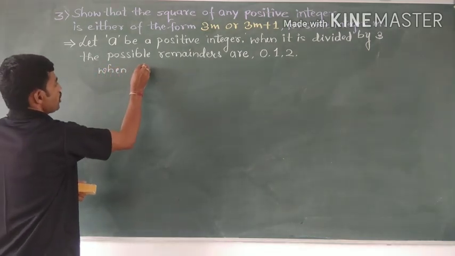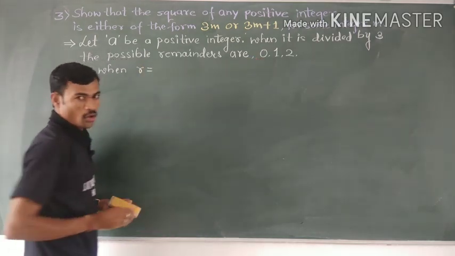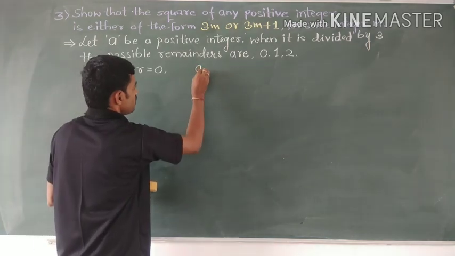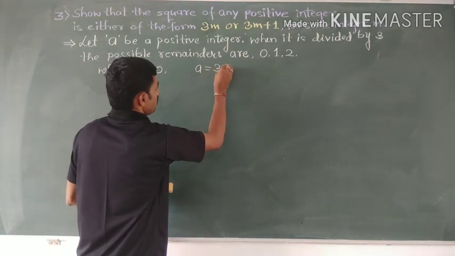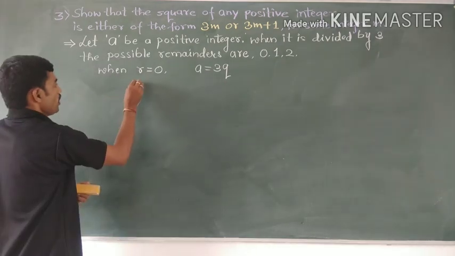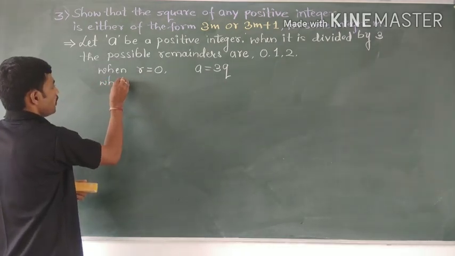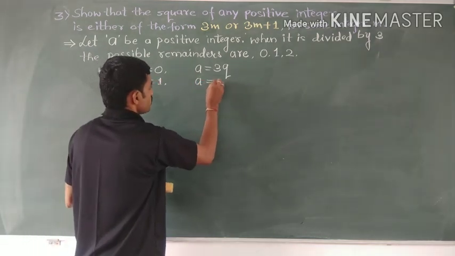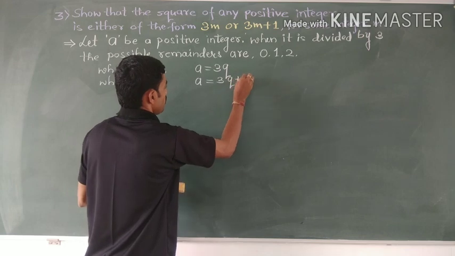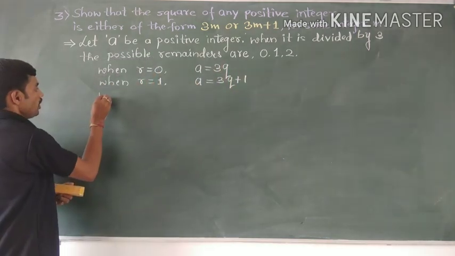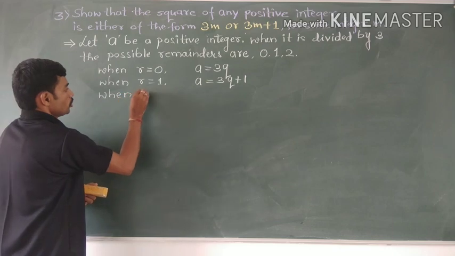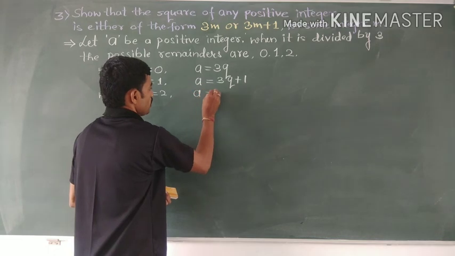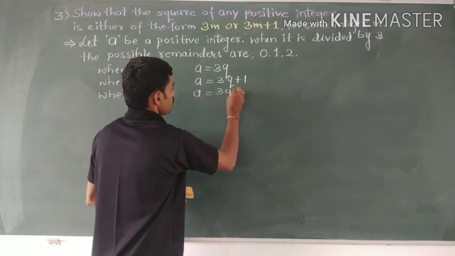When r is equal to 0, that is remainder is 0, a can be written as a is equal to 3q. When r is 1, then a can be written as 3q plus 1. When r is equal to 2, then a can be written as 3q plus 2.